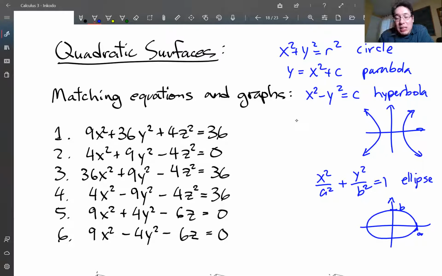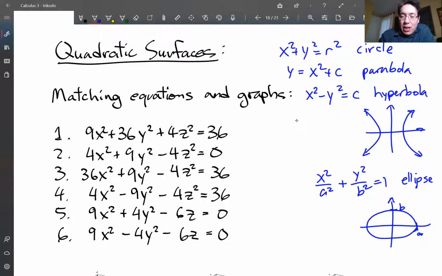So some of the techniques that you could use, some kind of quantitative reasoning skills to illuminate, like, oh, this equation has this feature, so it must be this picture and it can't be this picture. So I want you to be able to deduce things like this. And these techniques will come into play later on in the class. So I think it's a good time to practice this.